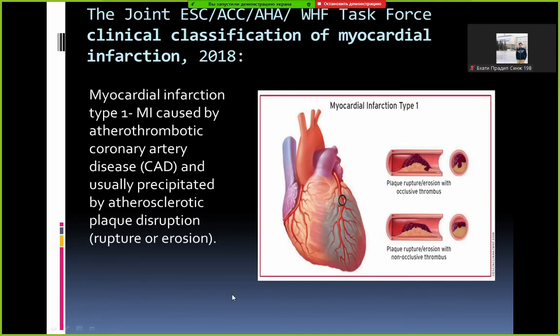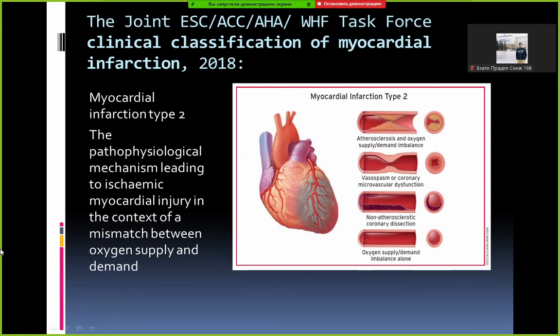So nowadays we have a clinical classification of myocardial infarction. According to this clinical classification, there are 5 types of myocardial infarction. Myocardial infarction of type 1 is caused by atherothrombotic coronary artery disease and usually precipitated by atherosclerotic plaque disruption.